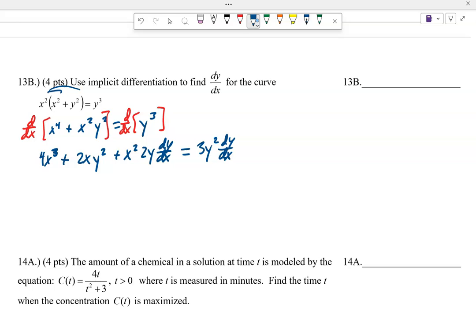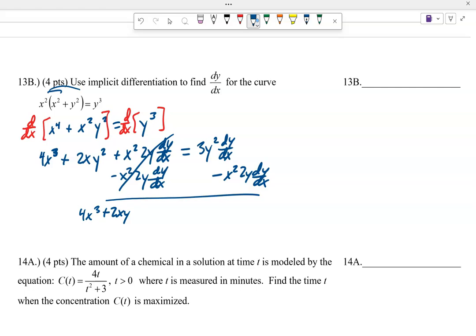Now I got to get all my dy dx's on the same side there. So let's take this over. And so we have 4x cubed plus 2xy squared equals, and I'm going to take a dy dx out of both of these. Dy dx times 3y squared minus 2x squared y.